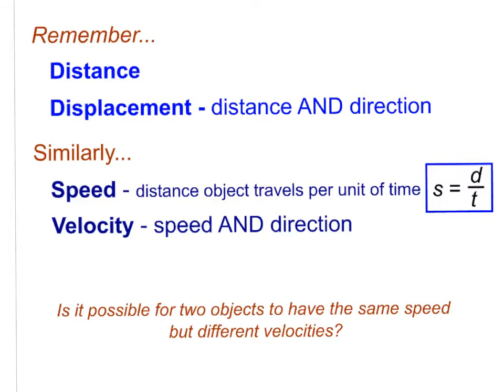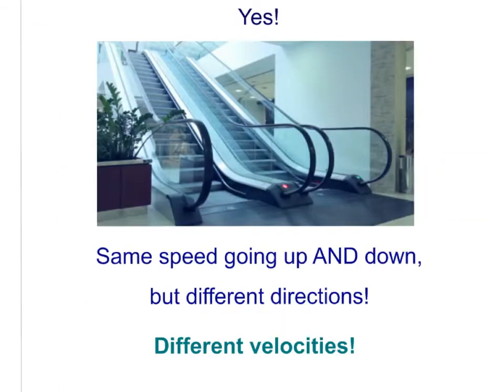Is it possible for two objects to have the same speed but different velocities? Yes, it is. How about an escalator? How many of you have ridden on one of these in a department store? Well, these happen to be going the same speed. I don't know which is going which direction. Let's say this is going down.